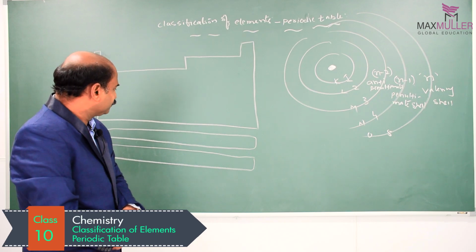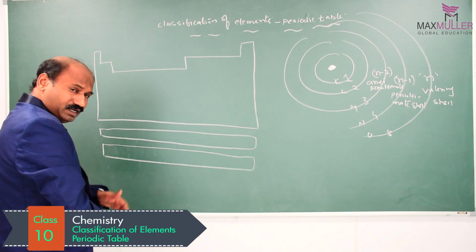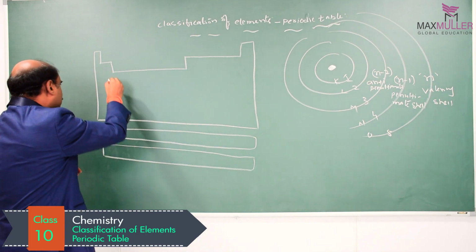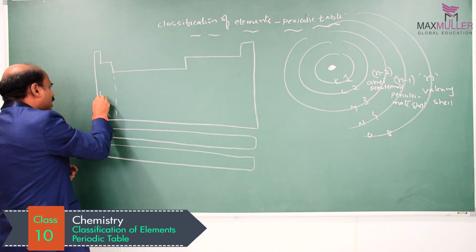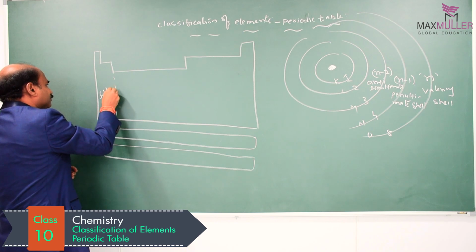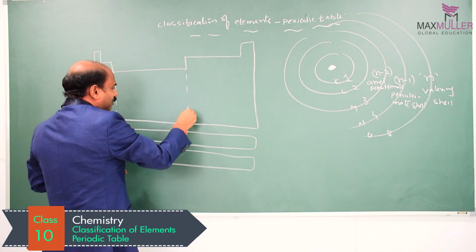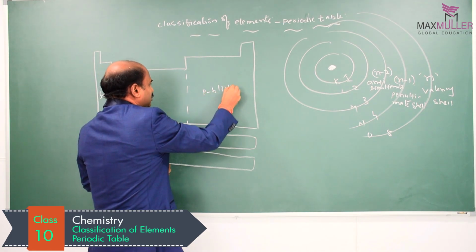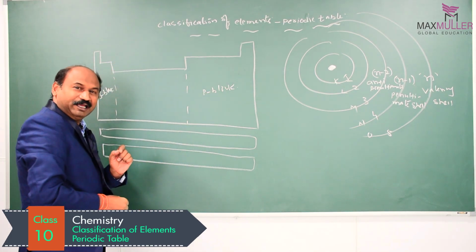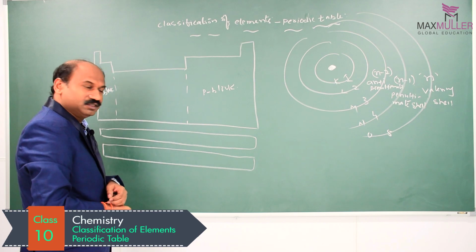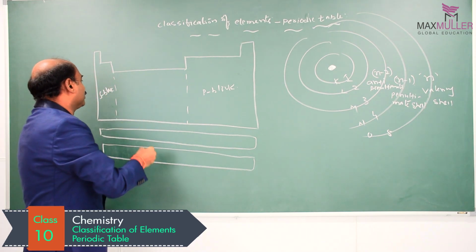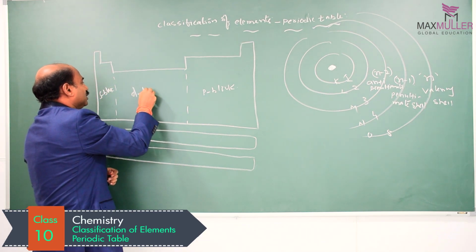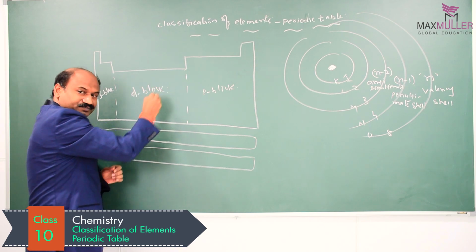You all know that completely at the extreme left of the periodic table, s block elements are placed, and completely at the right of the periodic table, p block elements are placed, and d block elements are placed in between the s and p block elements. So here d block elements are placed.